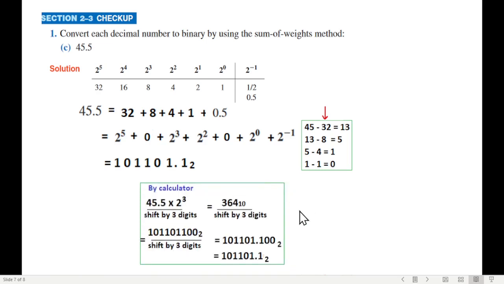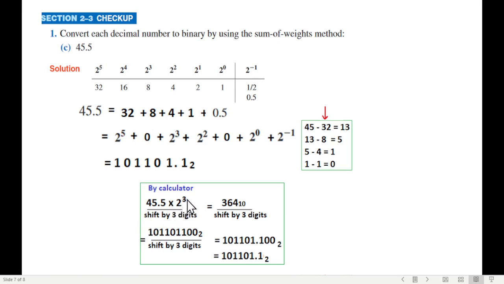Now the technique is slightly different from binary to decimal, and the difference is that whatever is the number, we multiply it by 2 power some value. Generally it could be from 2 to 6, so I'm taking 3. So whatever value you take here, you have to shift by that many digits.